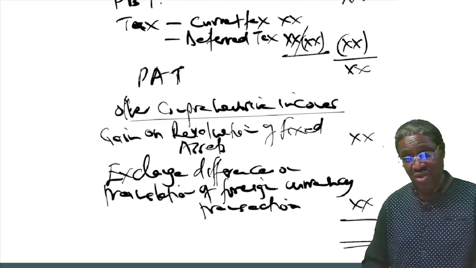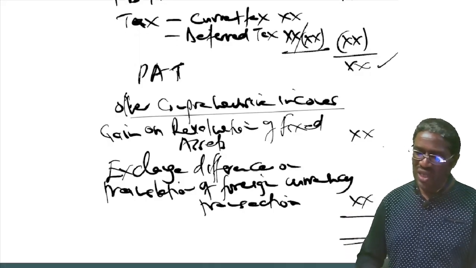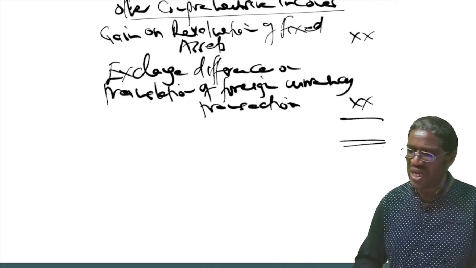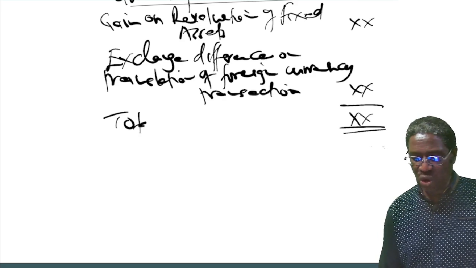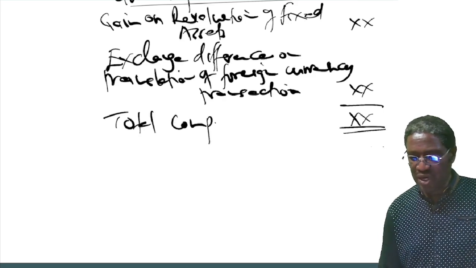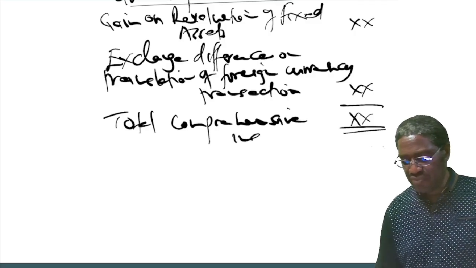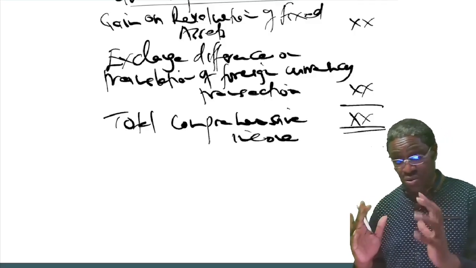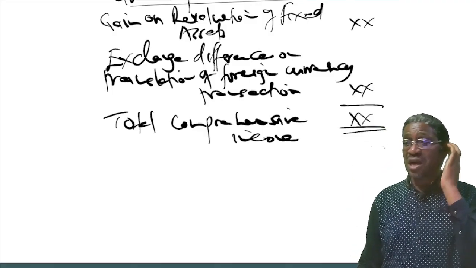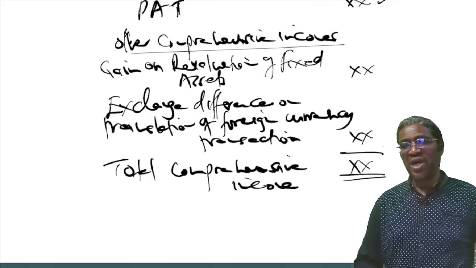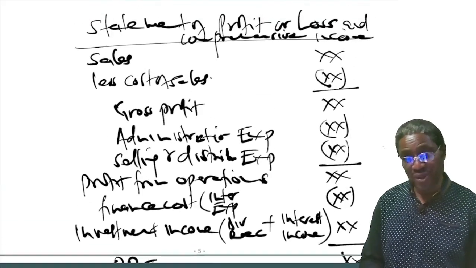For now, I'm assuming those are the only ones. Then you get your profit after tax plus all these other comprehensive incomes, whatever the question will allow you. Then get the total down there, and that total is what you call total comprehensive income. That's how, in summary, you prepare an income statement for publication purposes.